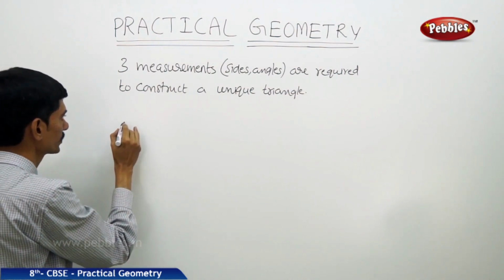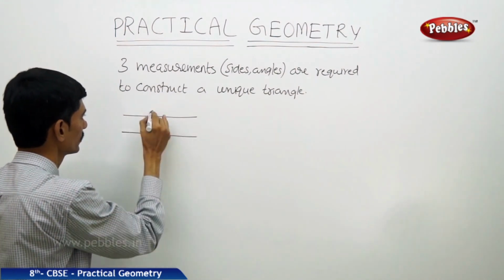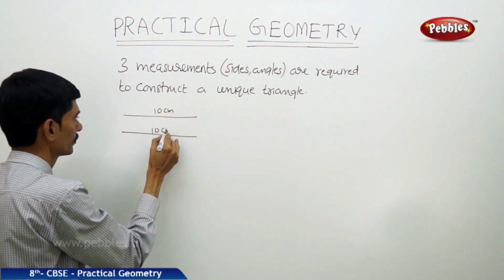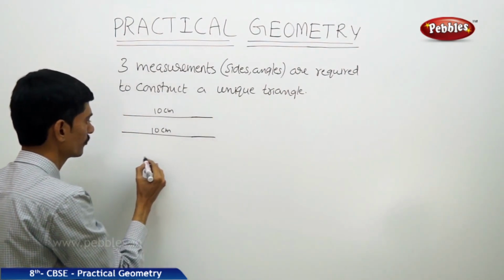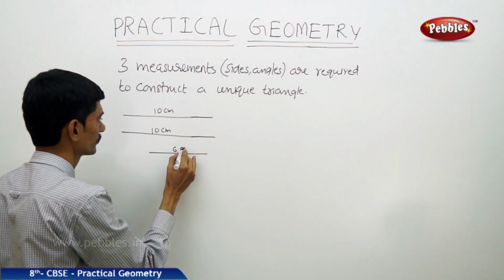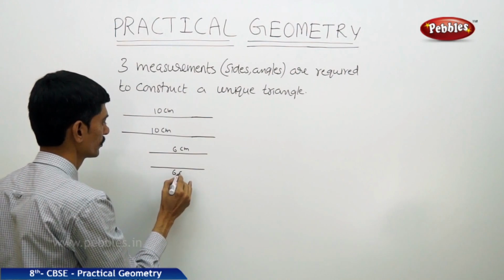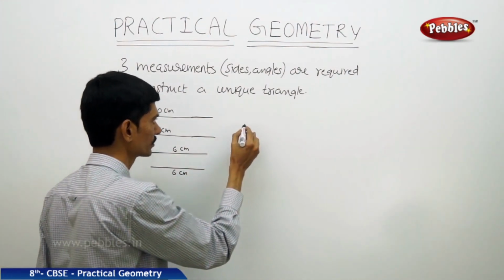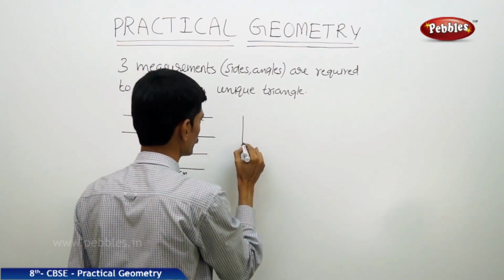Take 2 sticks of equal length, like 10 centimeters and 10 centimeters, and take other 2 sticks of equal length, like 6 centimeters and 6 centimeters each. Now let us arrange all these 4 sticks in such a manner that we get a rectangular shape.